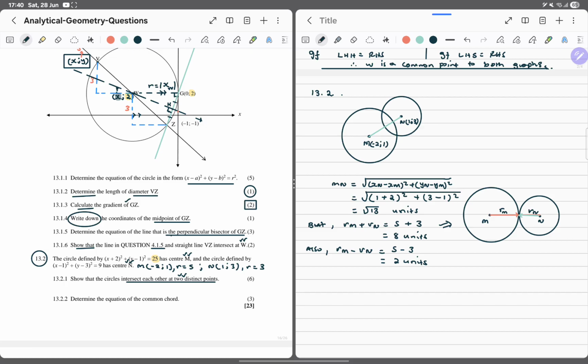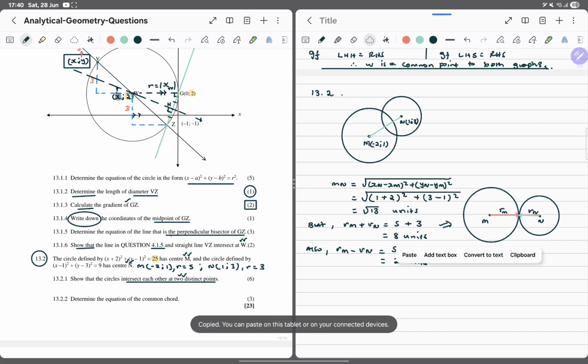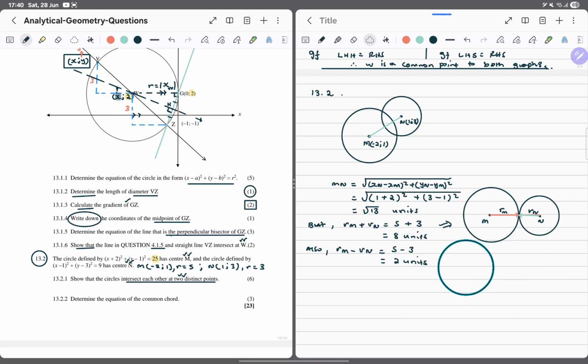Right. Now, why are we thinking about it that way? Well, this is because we have to consider another situation when these two circles touch each other, let's just say at one point internally. We know that this is approximately the radius of the bigger one. This is approximately the radius of the smaller one. Okay?